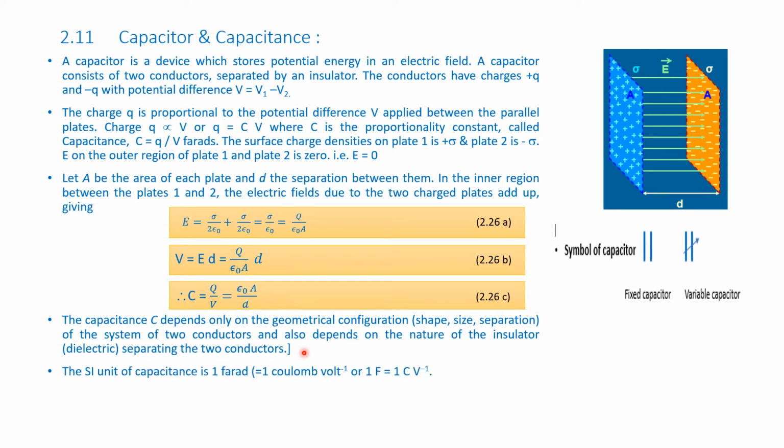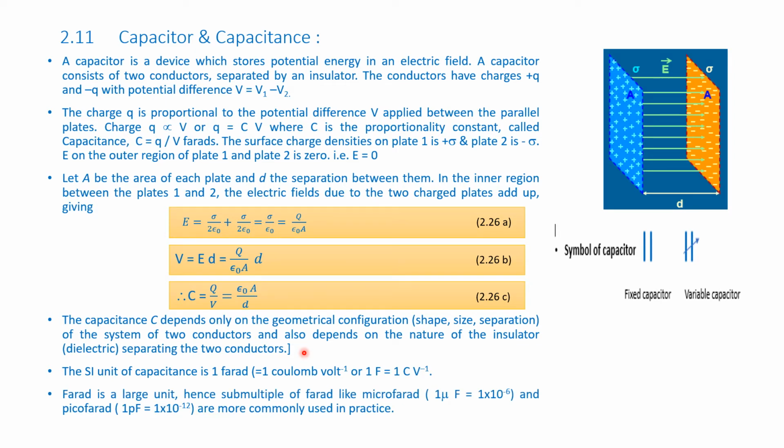The SI unit of capacitance is 1 farad. 1 farad is equal to 1 coulomb per volt. In practice, we have seen that the farad is a large unit.